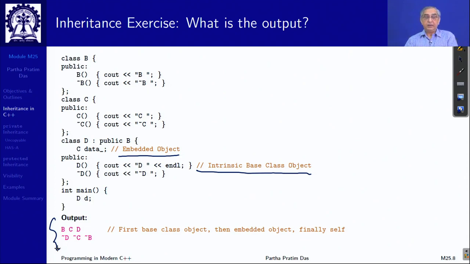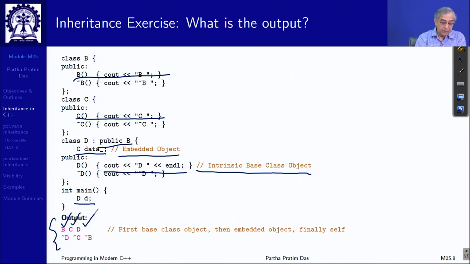Obviously, if I run this, I will get this, because for creating a D object, you have to first create a B object. So, this is what happens first, the base part. Then it creates the embedded object, the C data, which is the C class constructor, and finally completes itself, which is the D class constructor. So, this is how the constructors are called, the objects are created, and in reverse order they are destructed.